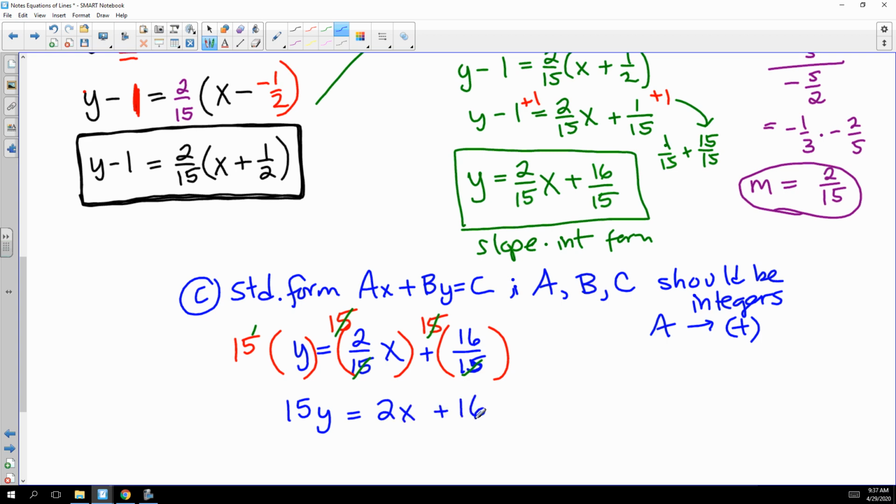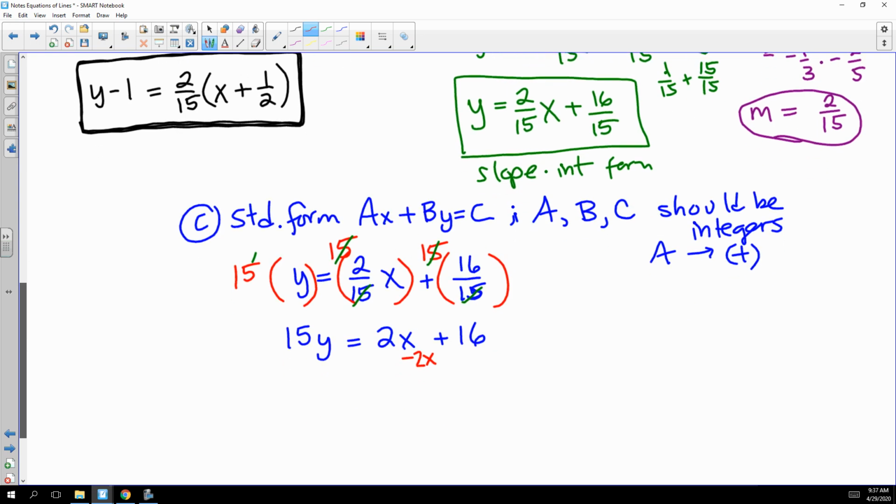Then we're going to move the 2x to the other side because in standard form it's written as ax and then plus by. So minus 2x. Now I have negative 2x plus 15y is equal to 16. And recall that I said I want a to be positive.